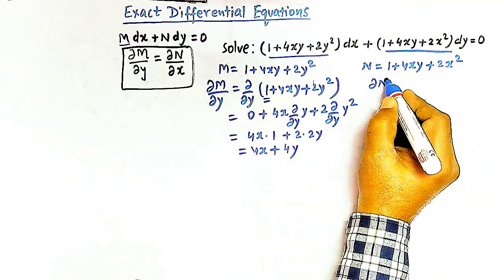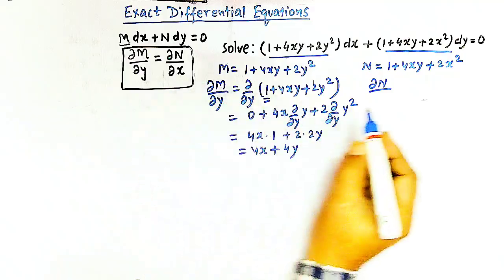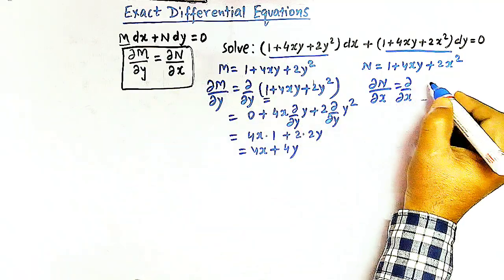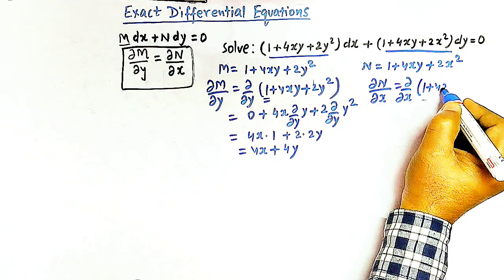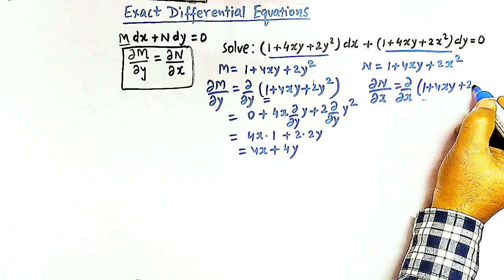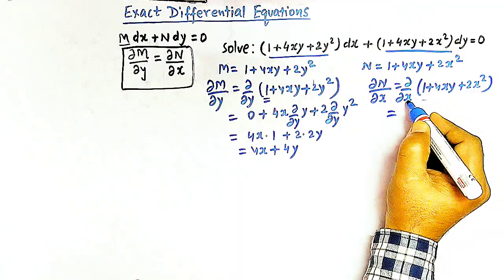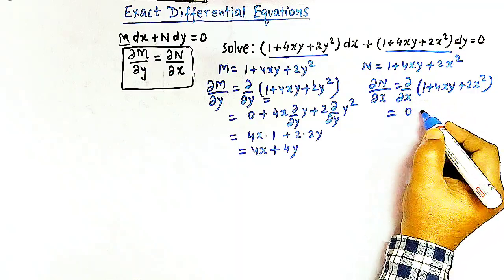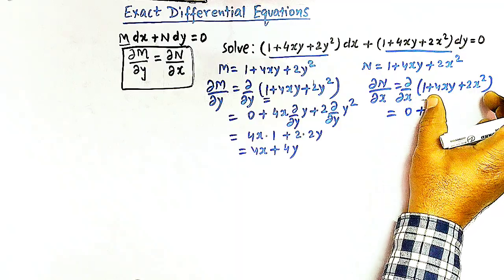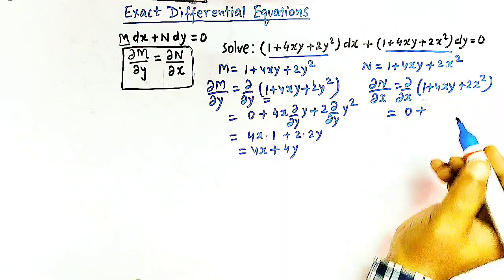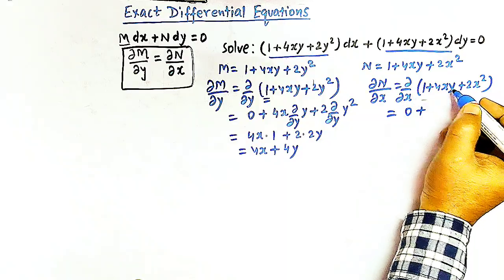So let us find out del N over del x. So this is del over del x of 1 plus 4xy plus 2x square, and the derivative of 1 with respect to x is 0. While finding the partial derivative of this expression with respect to x, we take y as constant.